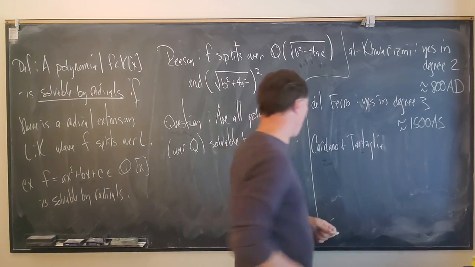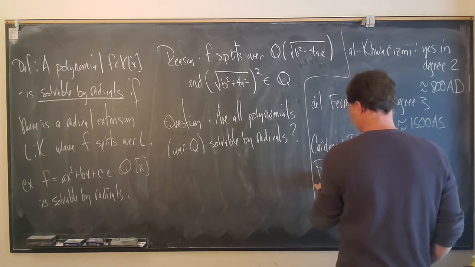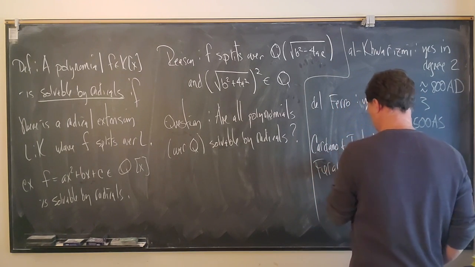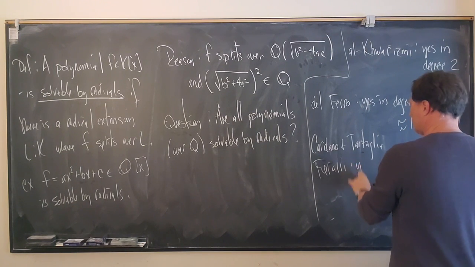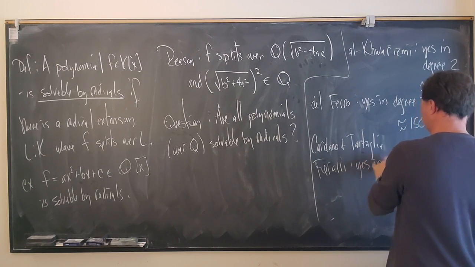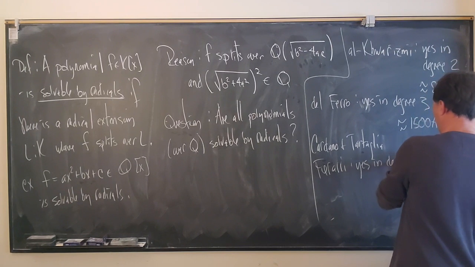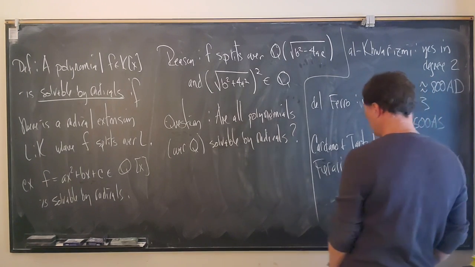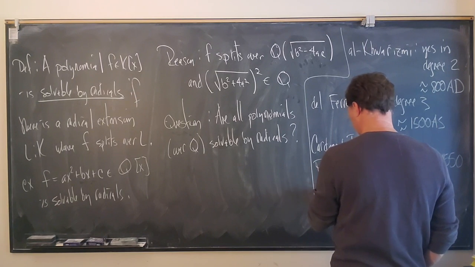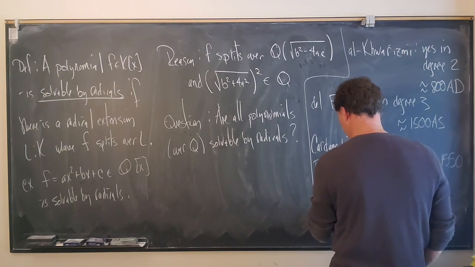In degree 4, this guy Ferrari. So this is yes in degree 4, around 1550. Then in degree 5, it goes to Abel and Galois.